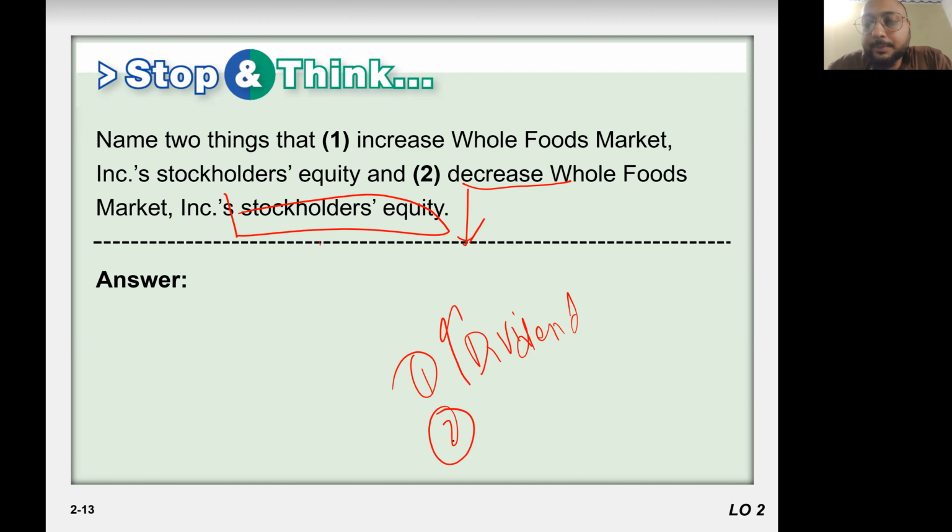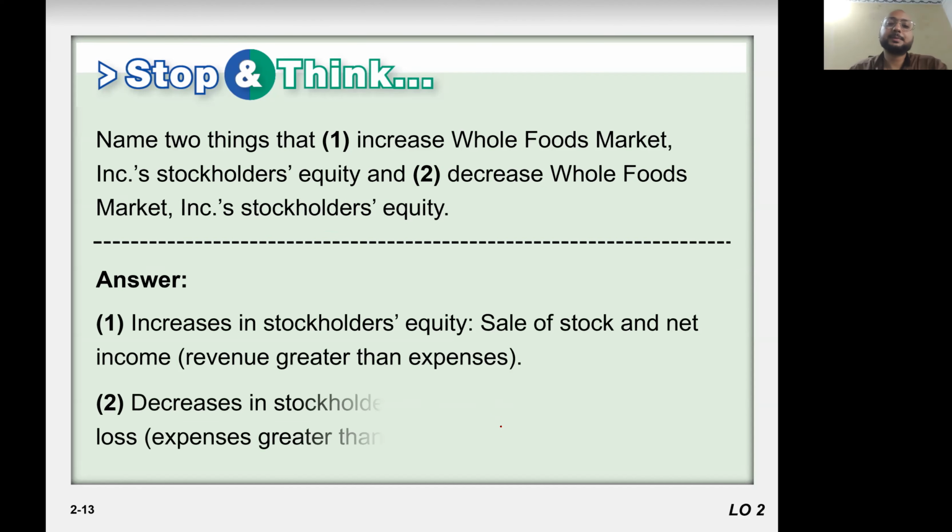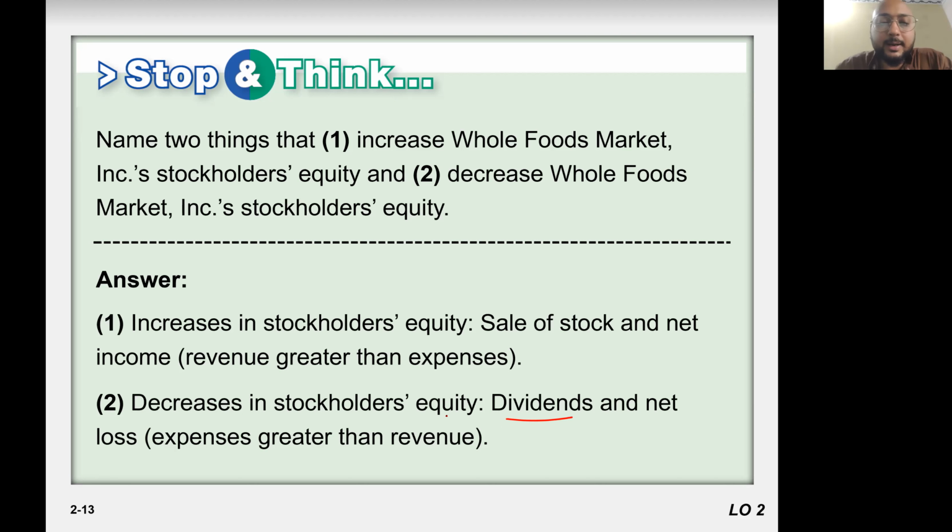Second, you need to name two things. Expense increases, stockholder equity decreases, right? Dividend and net losses, of course, if you have a loss, also decreases. Expense increases, also decreases the stockholder equity, right?